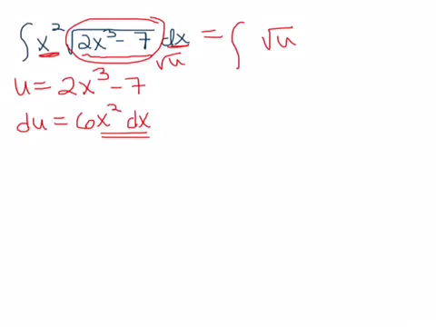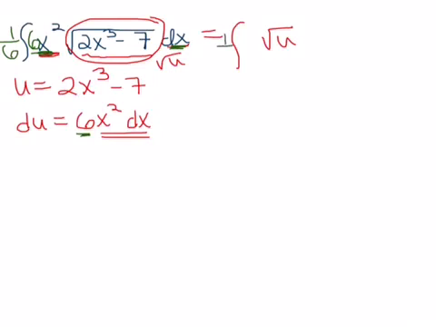What we need to worry about is this extra 6 that we have as a constant coefficient in front. Dealing with extra constant coefficients for du isn't difficult. If we want 6x squared times dx to be our du, we can easily compensate for that by dividing by 6 on the outside of our integral.